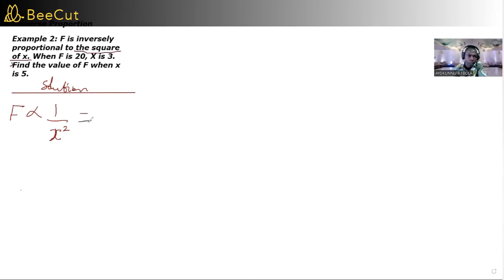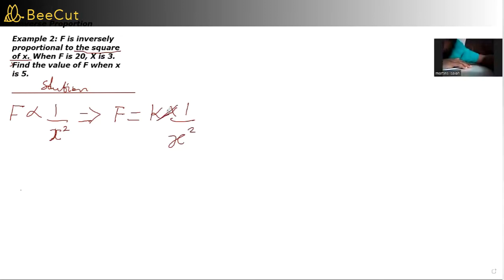So you're going to now rewrite this as f equal to constant times 1 over x squared. So here now I have f equals constant all over x squared.